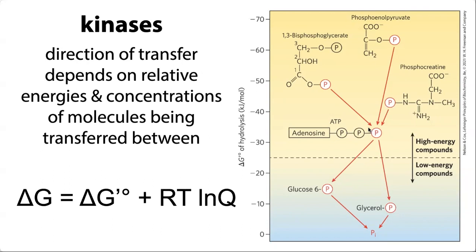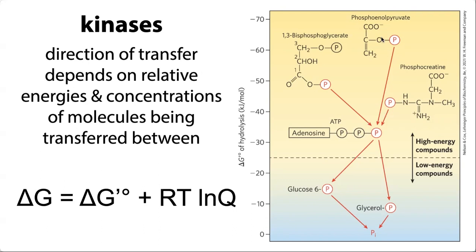Think of unclamping a spring. You also get the increased resonance, and you get hydration. You get all of that good stuff that's going to make this energetically favorable to hydrolyze it, which would make it energetically unfavorable to add the phosphate group back onto ADP.